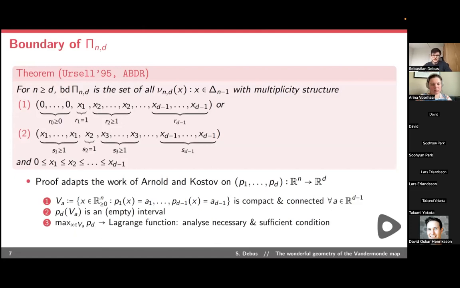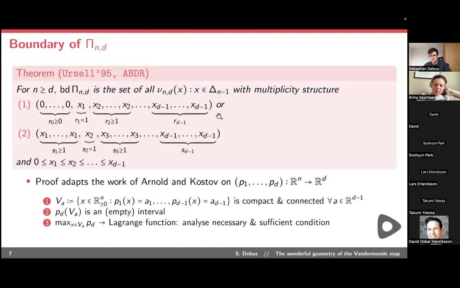So we set up a Lagrange function, and then we analyze the necessary and the sufficient condition. The necessary condition, because we have power sums, will translate to a univariate polynomial of degree d minus 1. And this can have at most d minus 1 real roots. And this gives us the bound on the number of distinct coordinates of elements which are mapped to the boundary.